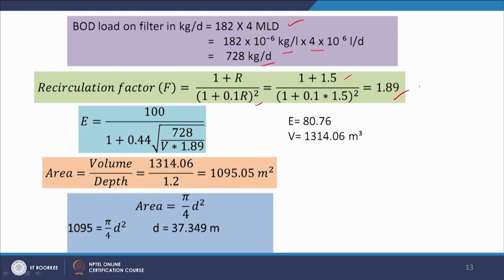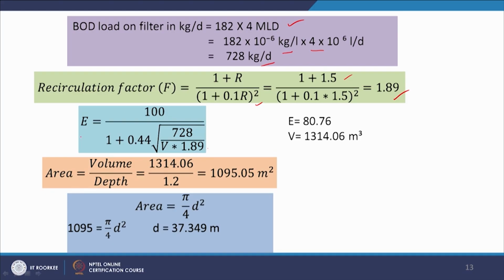So, the recirculation factor is 1.89, and then we will put these values in our efficiency expression. E is equal to 100 divided by 1 plus 0.44 into 728 divided by V into 1.89. So, this is F and this is our BOD load, that is W.